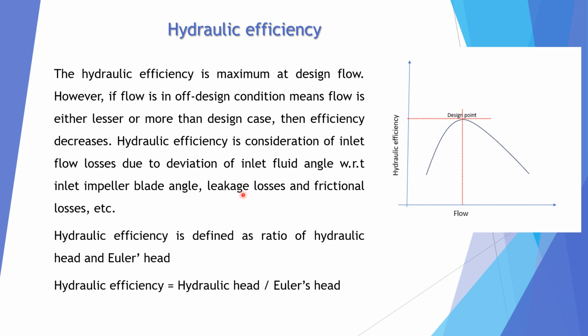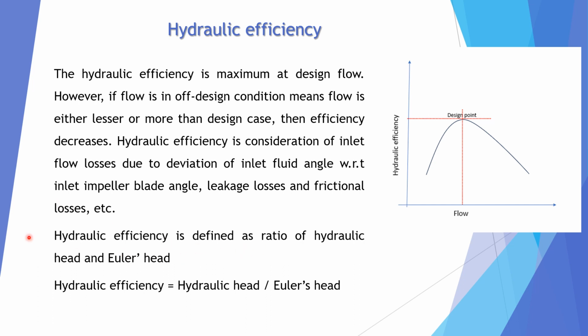Then there are leakage losses because of vanes, rotating and stationary components, and friction losses while passing through the blades. These are all considered in the hydraulic efficiency.